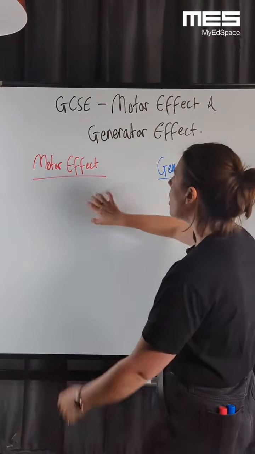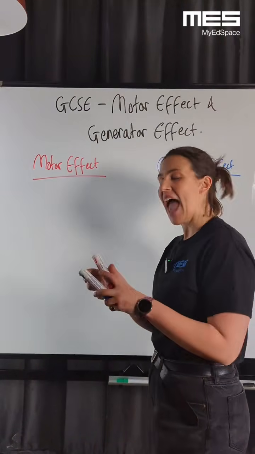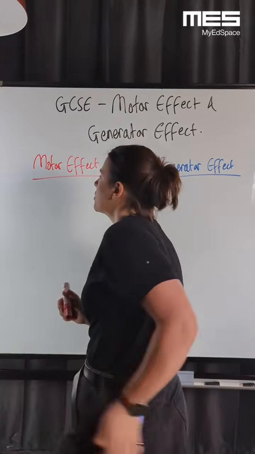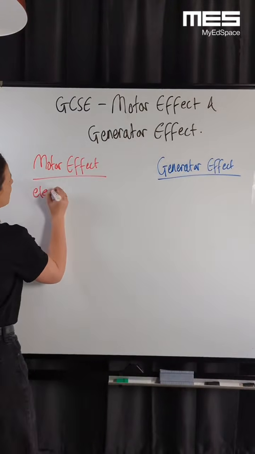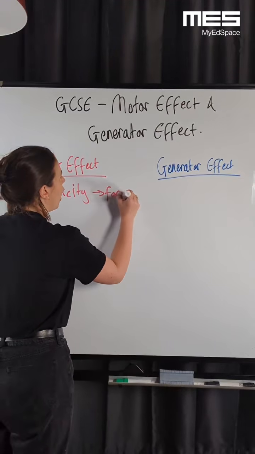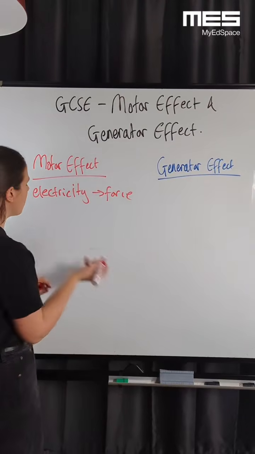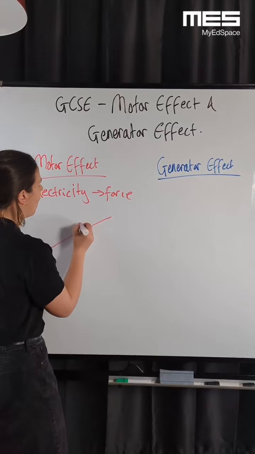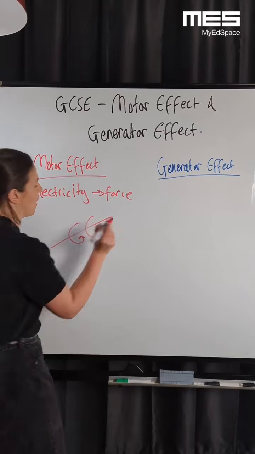So, the motor effect is using electricity to produce a force. Now, we know that when we run current through a wire, we get a magnetic field around it.